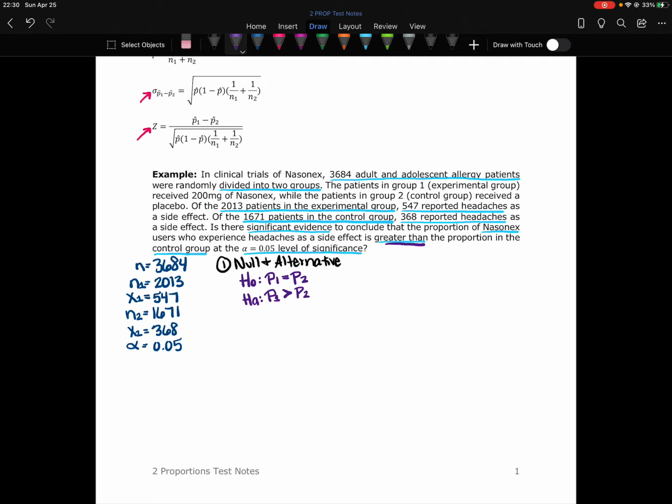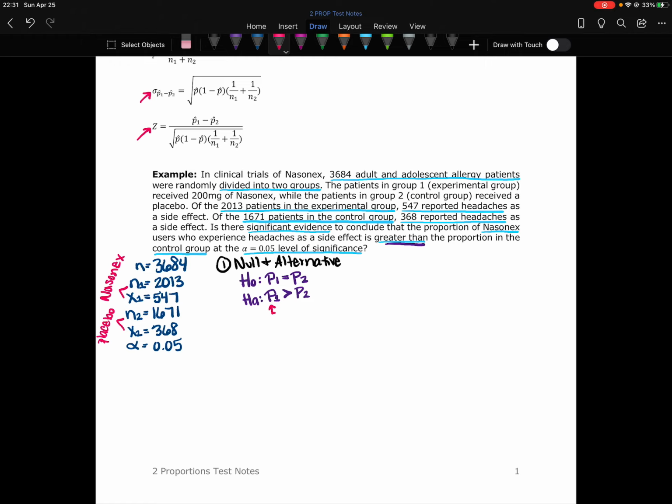It's very important as you're going through this, and it can be helpful, to identify for yourself, okay, this is my Nasonex group. Those are my 1s. And my 2s are my placebo group.